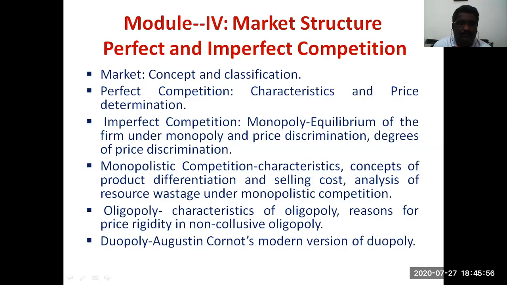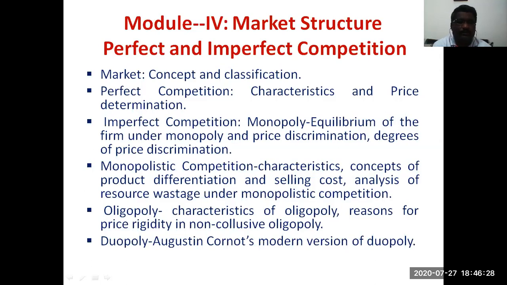In this, we have to know about the characteristics of monopolistic competition, the concept of product differentiation, and the selling costs under monopolistic competition. Another topic is the analysis of resource wastage under this competition.